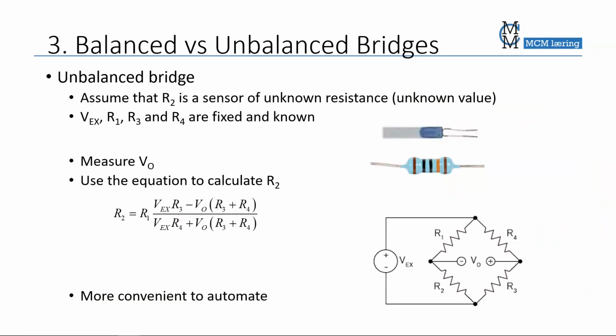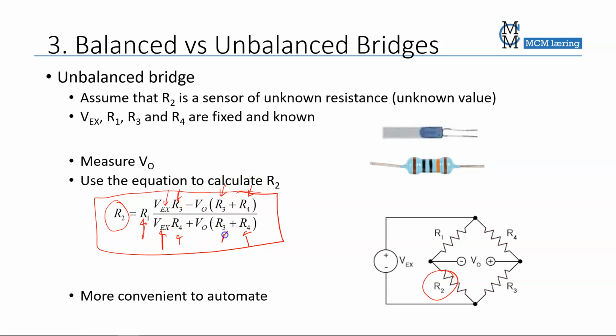If you see here, this is the kind of equation that we have to put into our calculator. So in this case it's named R2. Our unknown resistor R2 can be found if we know the fixed value of this one, fixed, fixed, fixed, fixed, fixed.